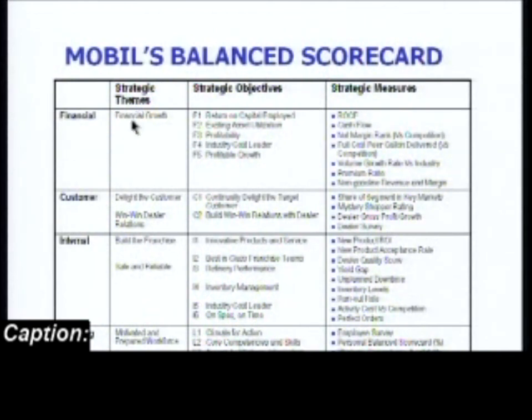You've got the strategic themes, strategic objectives in those strategic themes, and strategic measures to achieve the strategic objectives. So this matrix shows the relationships as you move further to the right along a perspective row.